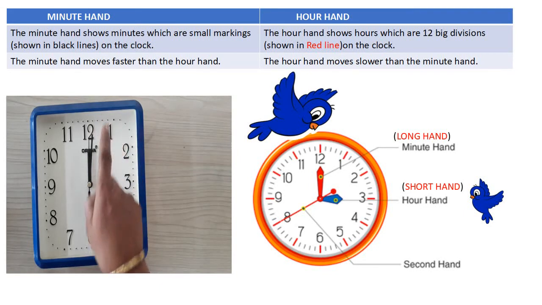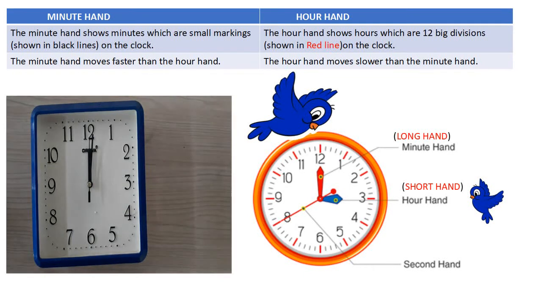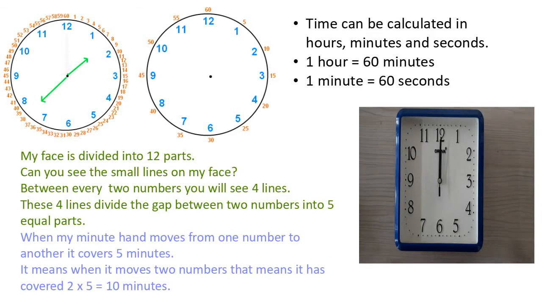It means 1 minute is equal to 60 seconds. Okay? Now children, as such we are going to write the time in minutes and hours only. Let's forget about the seconds hand. I will place it anywhere. Assume that it's not there.